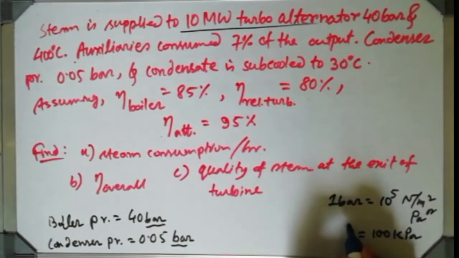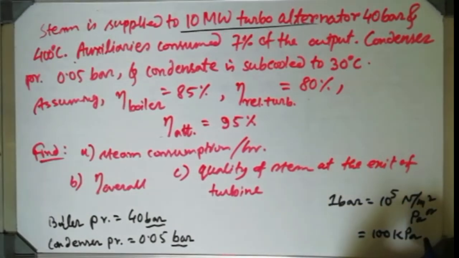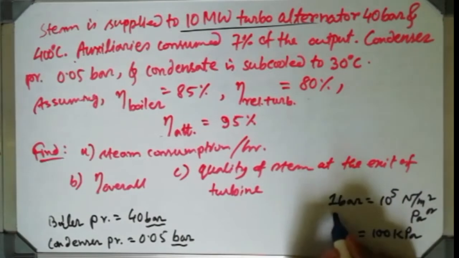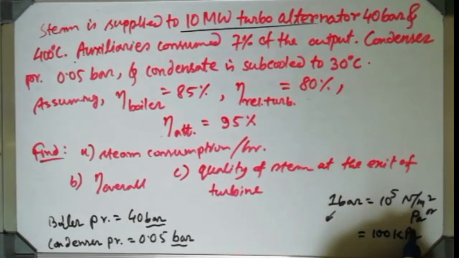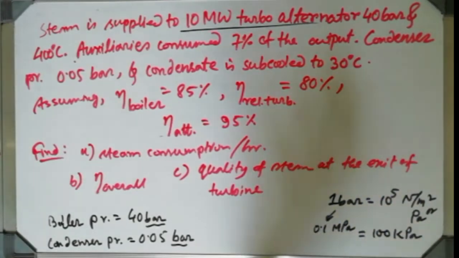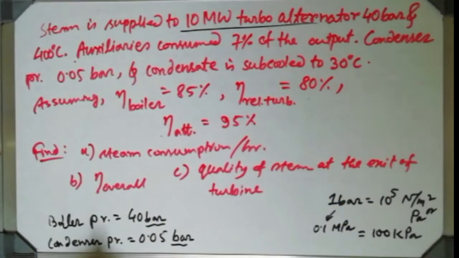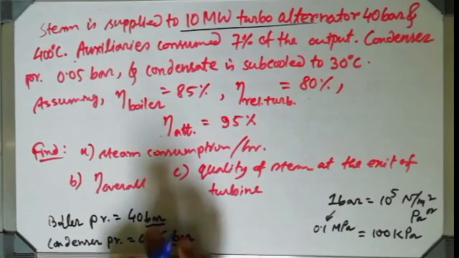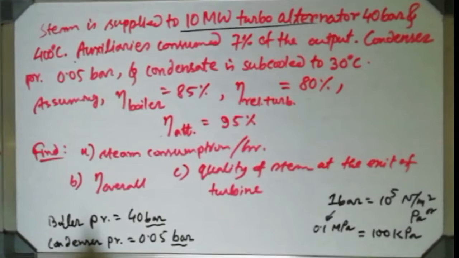And if you want to convert it into megapascal, 1 bar is 10 to the power 5 Pascal, so 0.1 megapascal. Such units are easy to find in the steam table. If the steam table is given in kilopascal or megapascal, then you have to convert the bar into that unit.